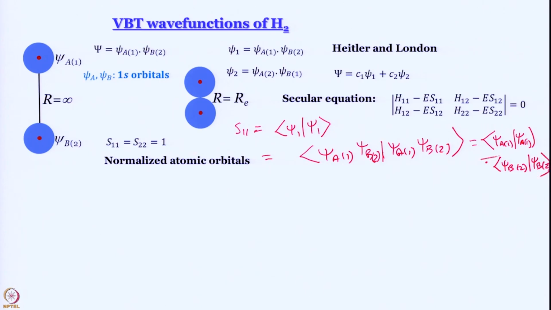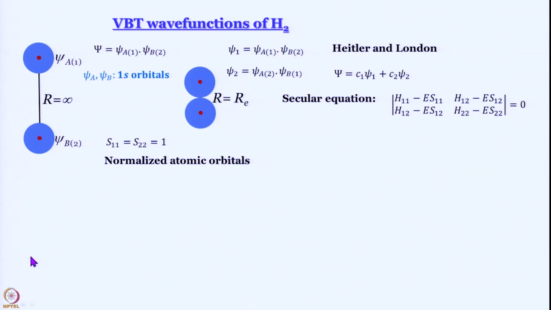And as these 1s orbitals themselves are normalized, this is equal to 1, this is also equal to 1. In fact, I will just erase this. So, one thing is out of the way, S11 and S22 are both conveniently equal to 1.